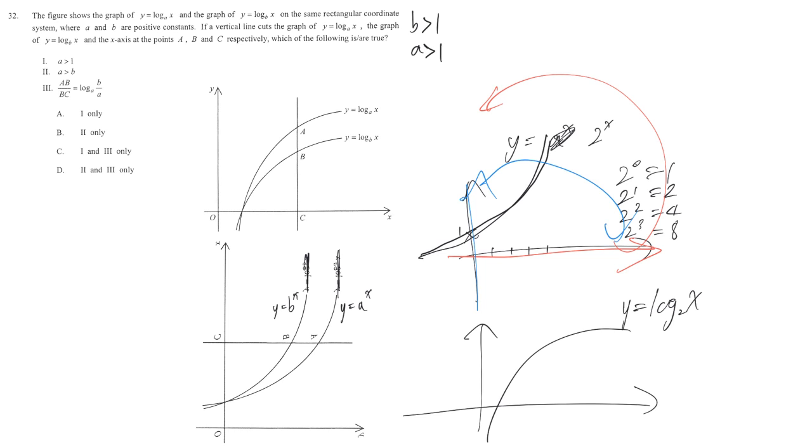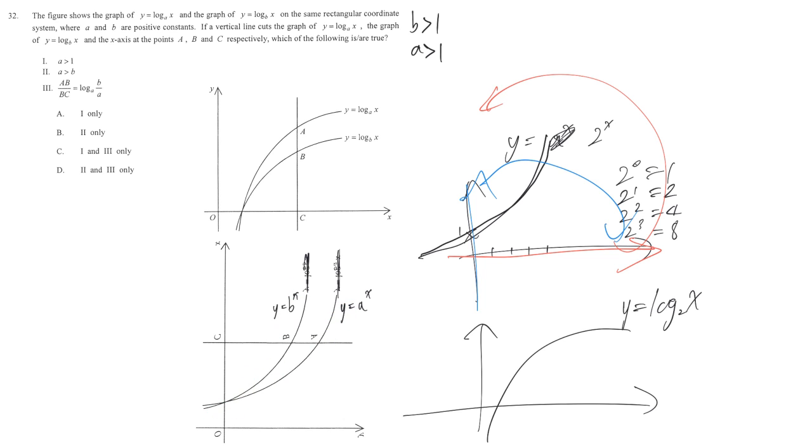But if we compare which one is quicker, we can check: if we multiply by a larger number, it should go up faster. This curve goes up faster earlier than a, which implies that b, the base number, is larger than a because it goes up faster.